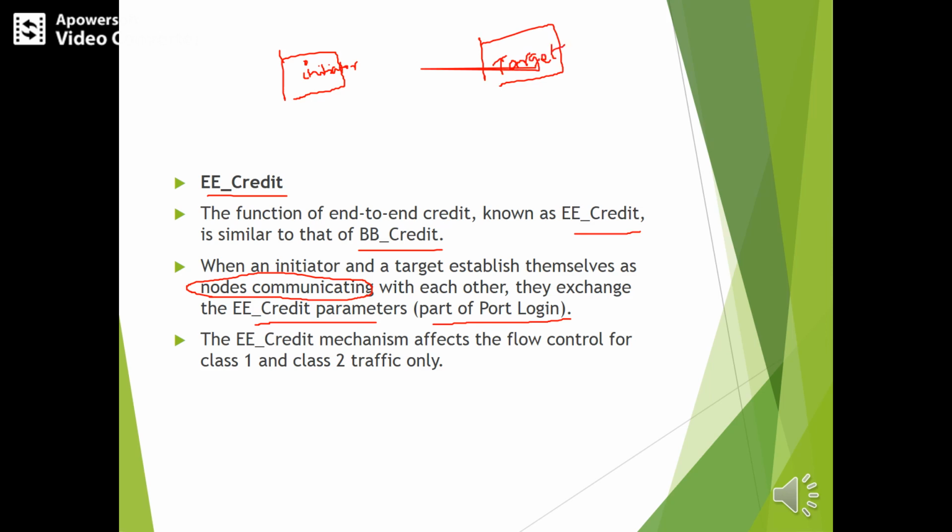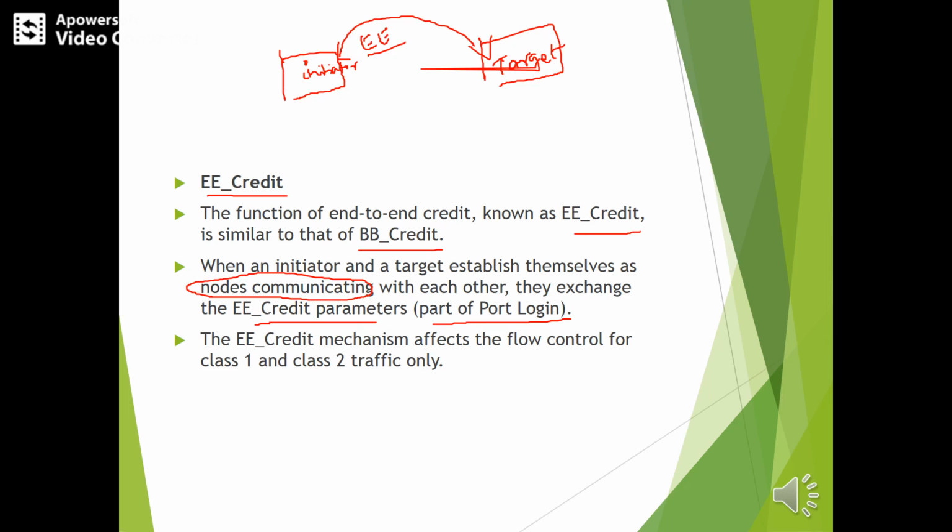Whenever the actual communication takes place between the initiator and the target, they can exchange some set of information. So this is nothing but the EE credit parameters.